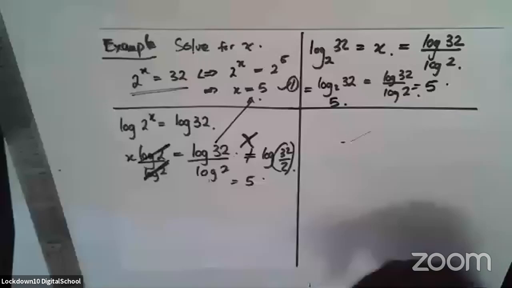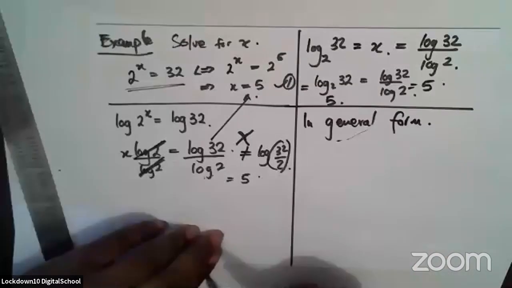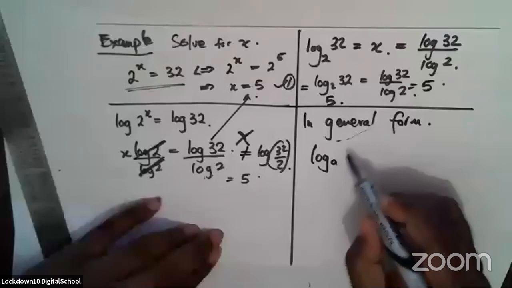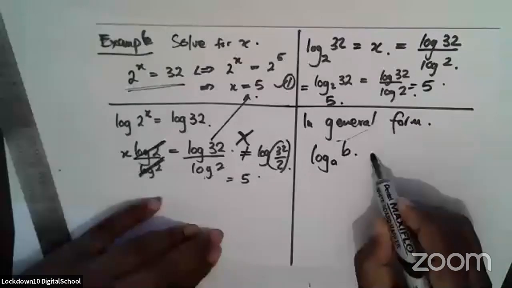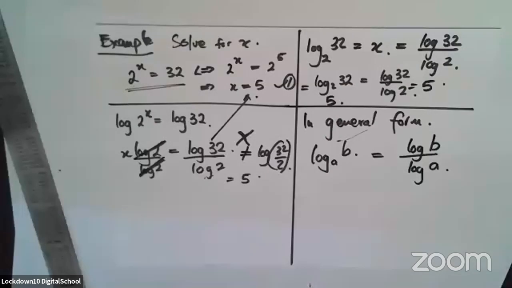In general form, log A to base B is equal to log B over log A. Those are the 3 examples.